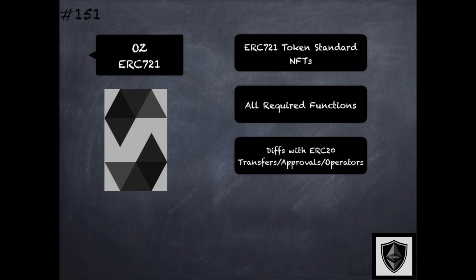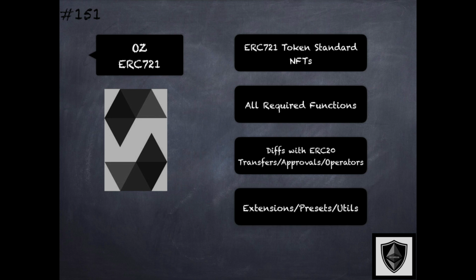This approval is automatically cleared when the token is transferred, and only a single account can be approved at any time, which means that approving the zero address clears the previous approvals. There are other functions associated with ERC721 as part of this library, and there are also various extensions, presets, and utilities similar to the ERC20 contract.